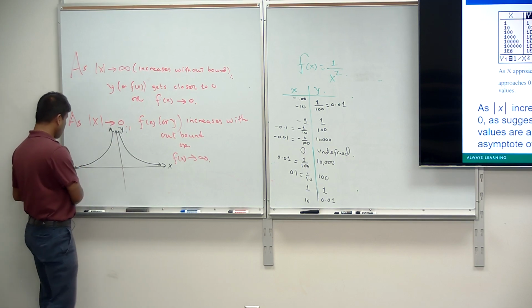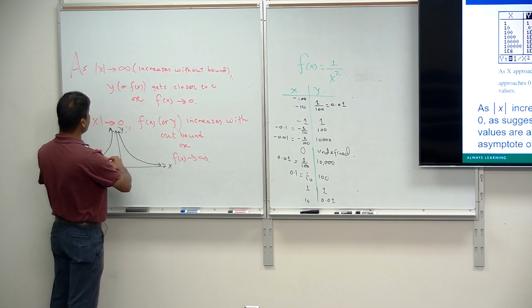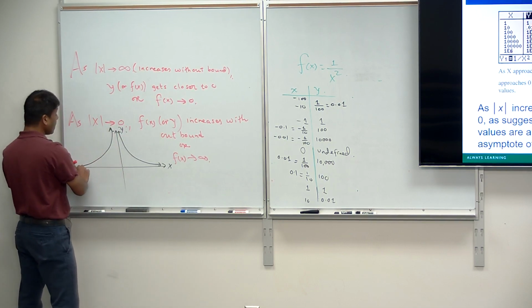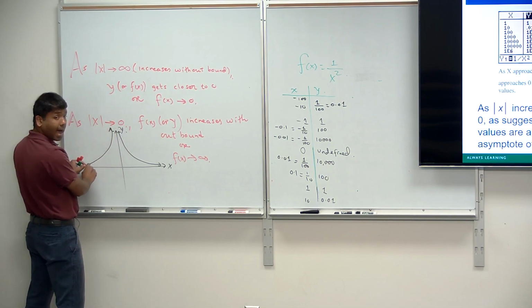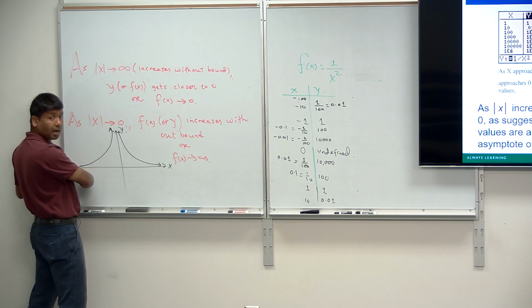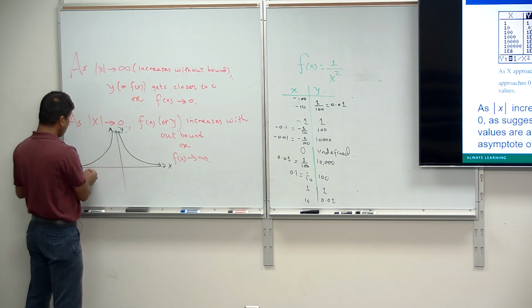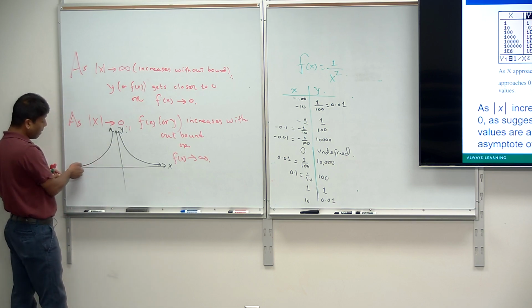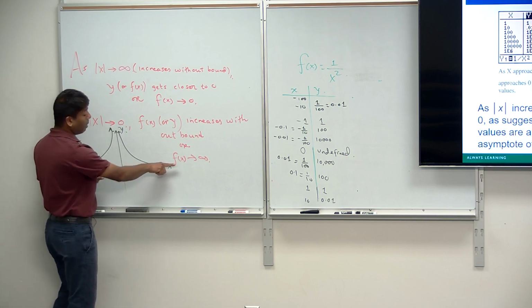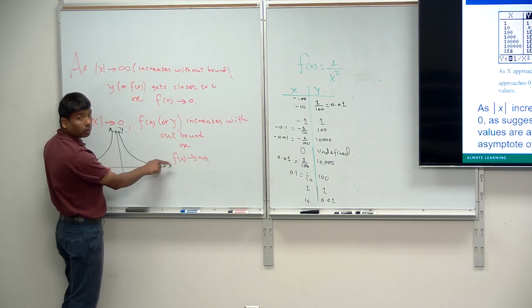As the absolute value of x approaches infinity, that means as x approaches negative infinity, your y value gets closer to 0. As x approaches positive infinity, your y value gets closer to 0.